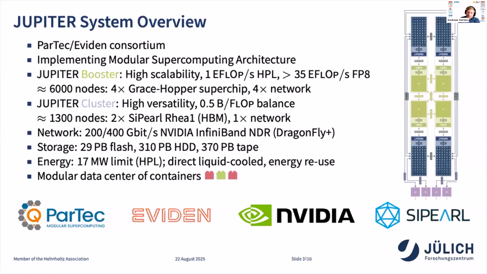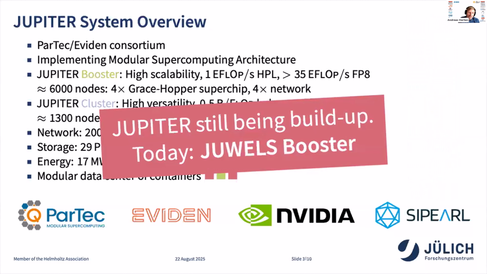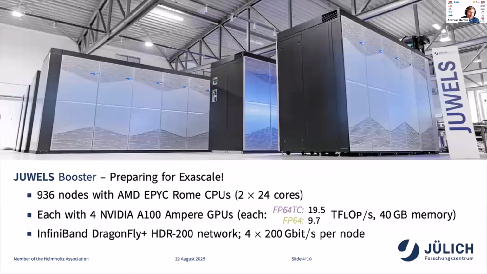We were hoping to give you access to Jupiter today, but unfortunately the system is still being commissioned and finished. So today we're using the predecessor of the system, and that is JUWELS Booster, but you're going to see it's very similar. It's a system which we've been operating for 5 years, and it is our stepping stone towards the exascale era, not featuring 6,000 nodes, but roughly 1,000 nodes with AMD CPUs. There was no Grace CPU at the time.